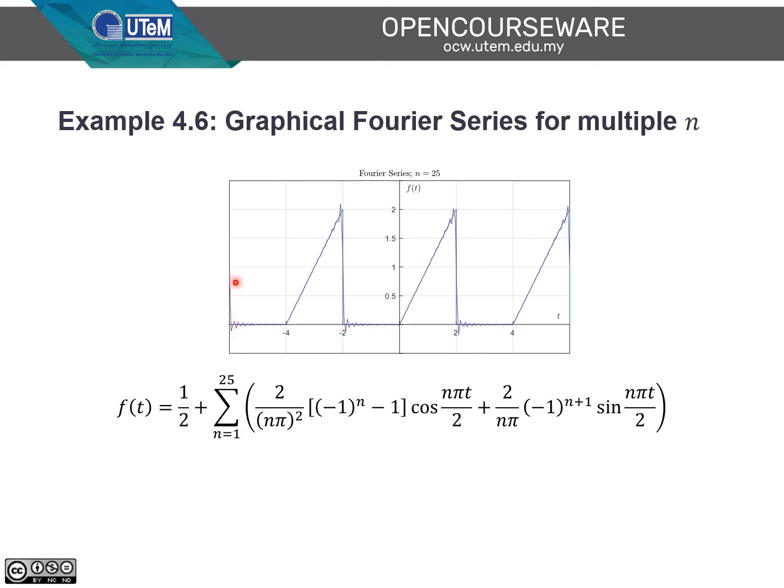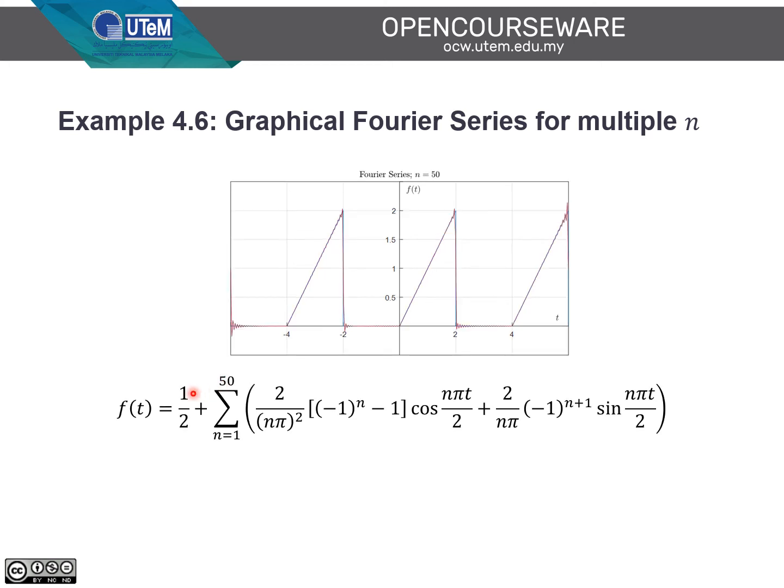You can see that the plot of the series looks almost similar to the function f(t). Last but not least, if we increase n to 50 and plot the Fourier series, we can see that the series looks exactly similar to the function f(t). So this is what we want.